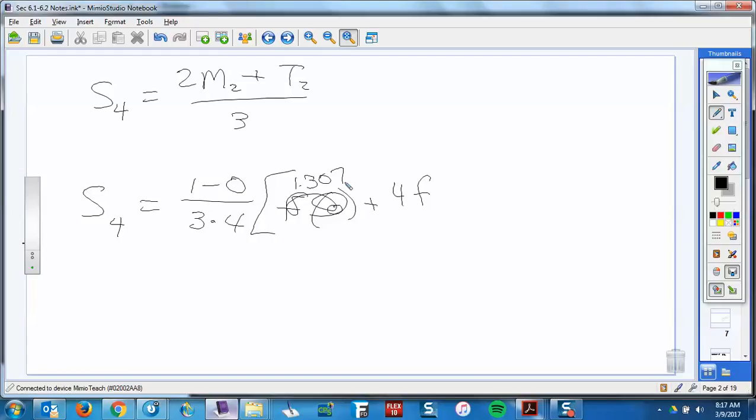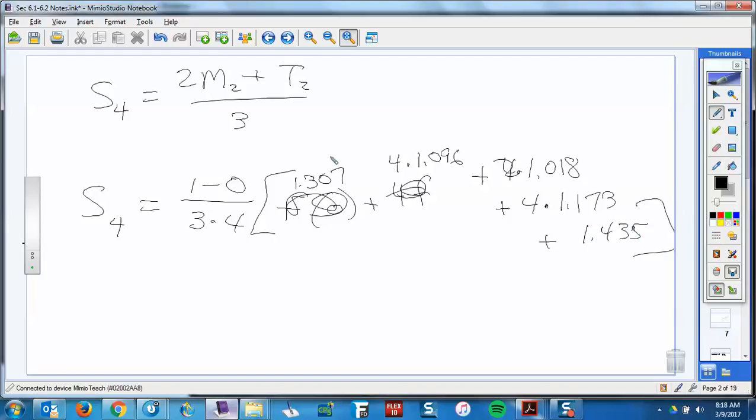The value's right there. And then 4 times 1.096 plus 2 times 1.018, plus 4 times 1.173 plus 1.435. Right, so 1 of those, 4 of those, 2 of those, 4 of those, and 1 of those. So just do that.